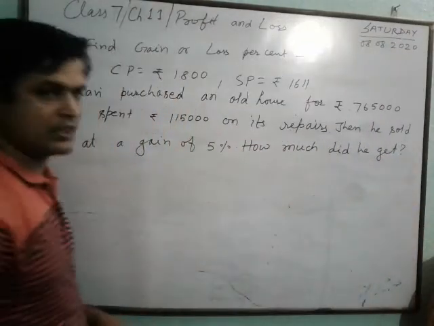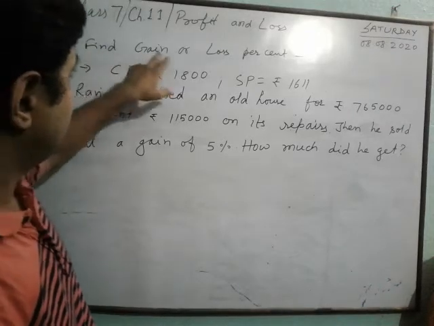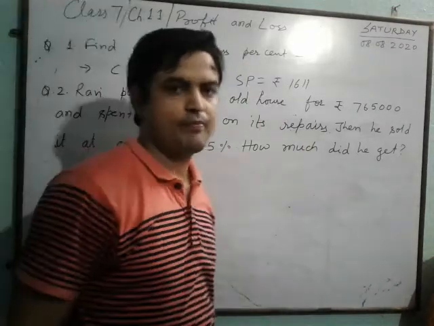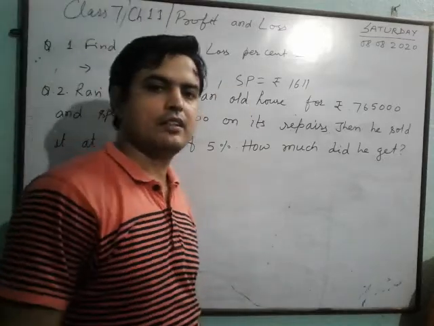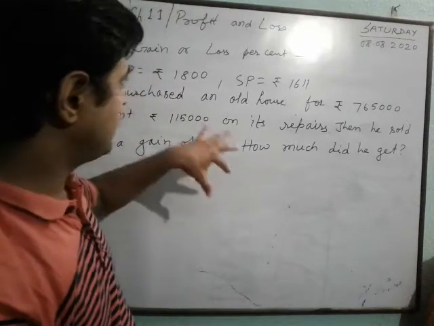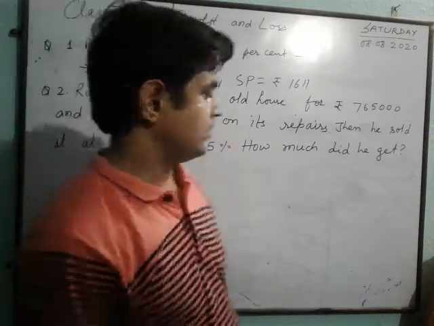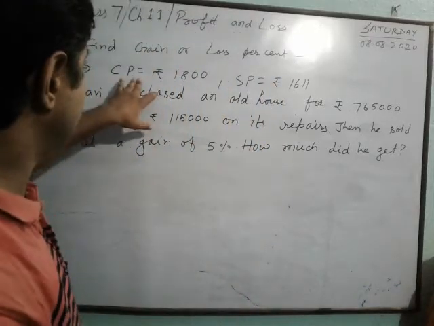Let us solve some questions. Here I have written two questions. First, find gain or loss percent. Here CP and SP, that is cost price and selling price of an article, have been given, and first we have to compare whether it is loss or gain, which case it is.